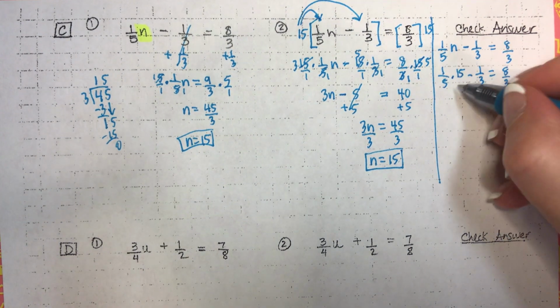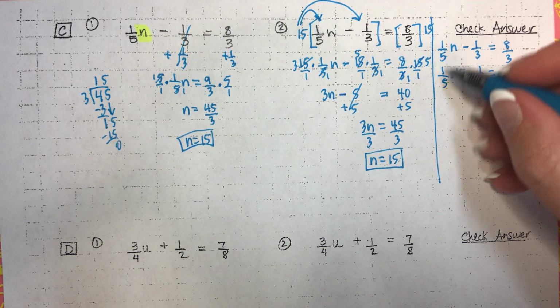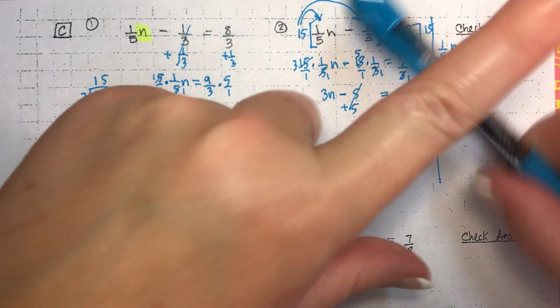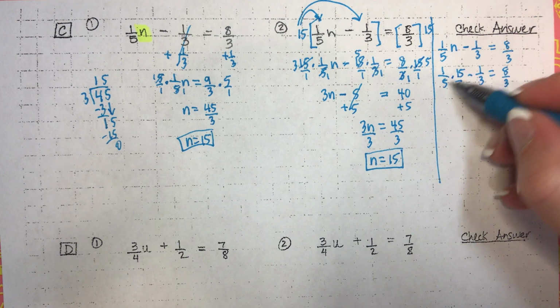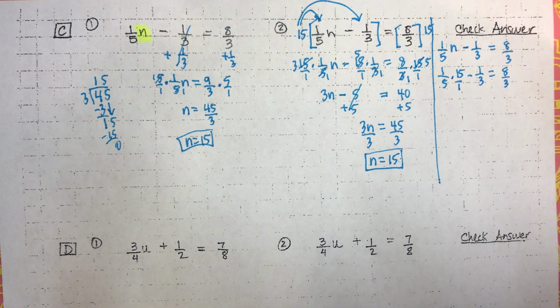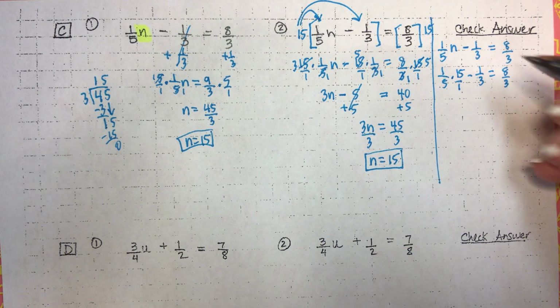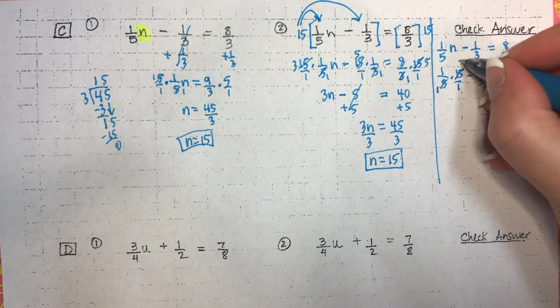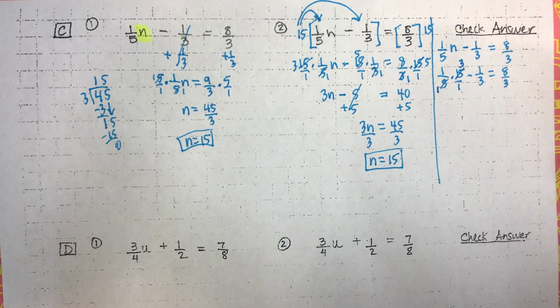All right, so we have a little multiplication fraction problem here. We're going to make this 15 over 1, and then look to cross cancel. Is there a common factor between 1 and 1? Nope. What about 5 and 15? Yep, 5 goes into both. 5 goes into 5 1 time, 5 goes into 15 3 times.